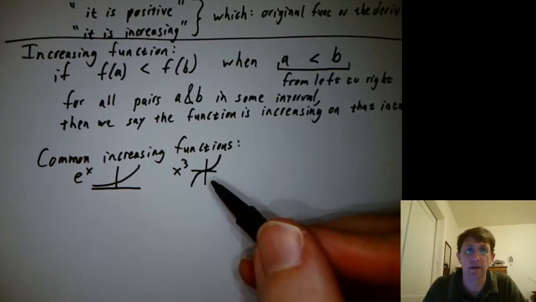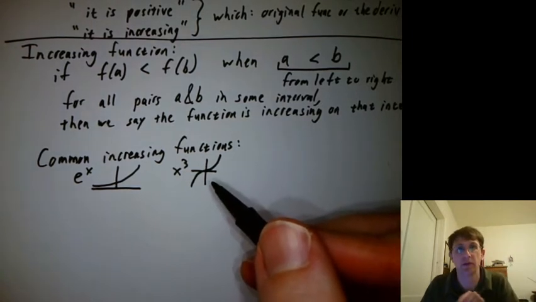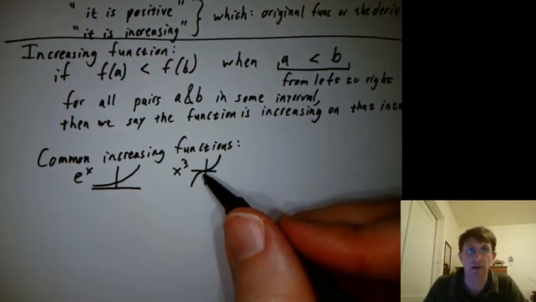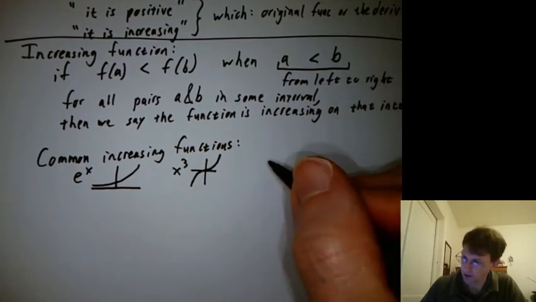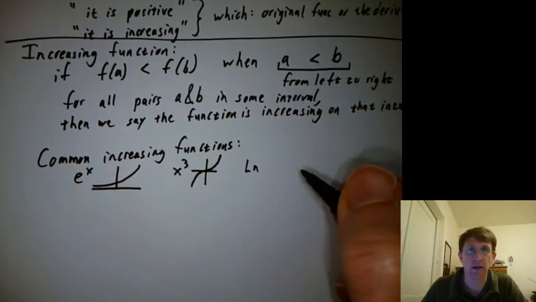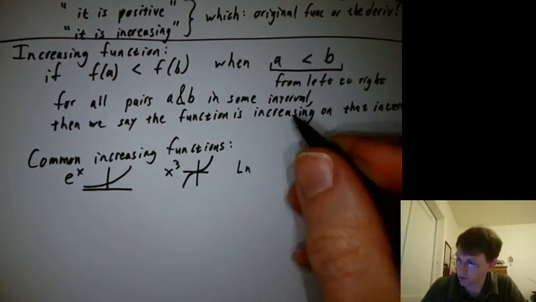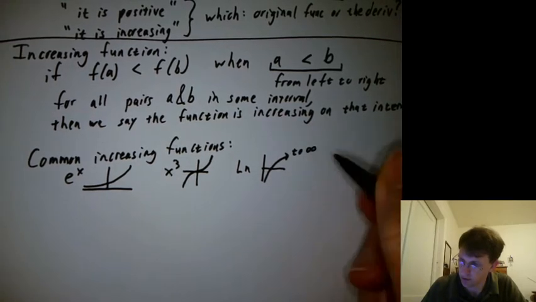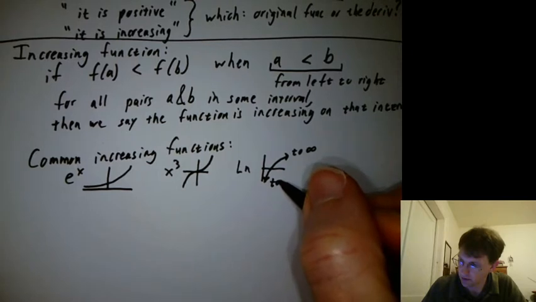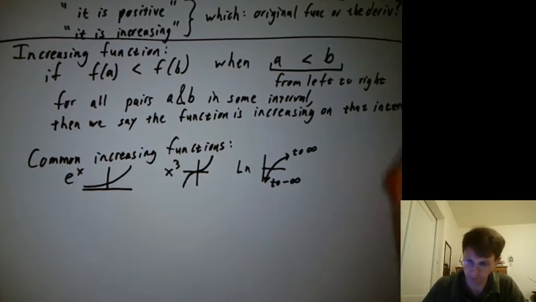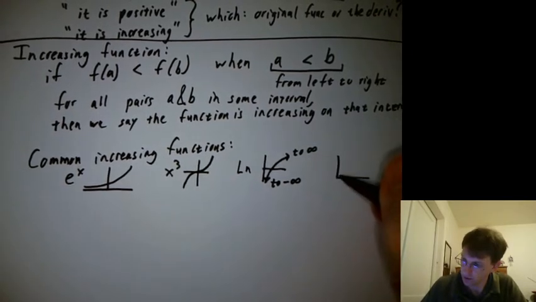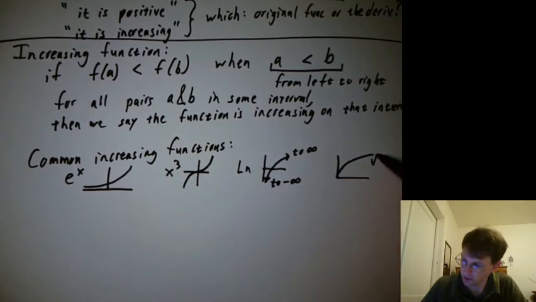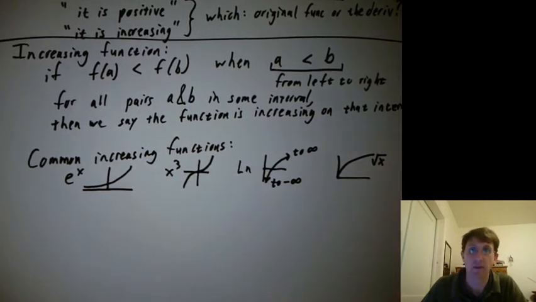Well, x cubed is increasing, but some cubics have a wobble to them and decrease in the middle, so you can't say all cubics are increasing. How about natural log? Draw that in your head or on your paper before you watch me draw it. Ready? So it goes like this. It goes to infinity there and to minus infinity there. Square root of x is another increasing function. Okay, so those are some common increasing functions.